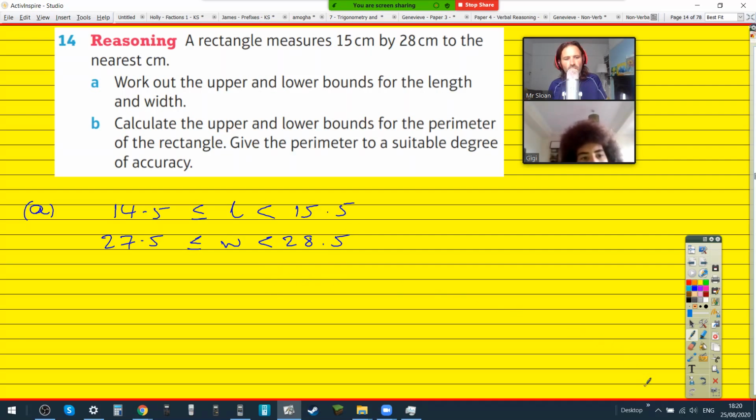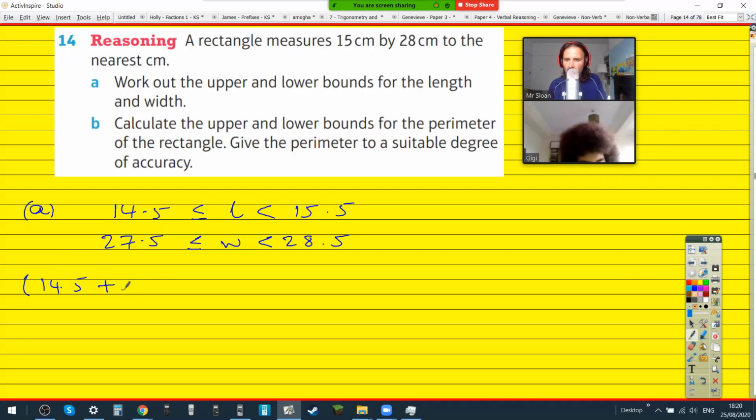Calculate the upper and lower bounds for the perimeter of the rectangle. Give the perimeter to a suitable degree of accuracy. So it would be those two added together times by 4. How many sides? That'd give you 8 sides. So just 2 of them. Yeah. So those two added together times 2.